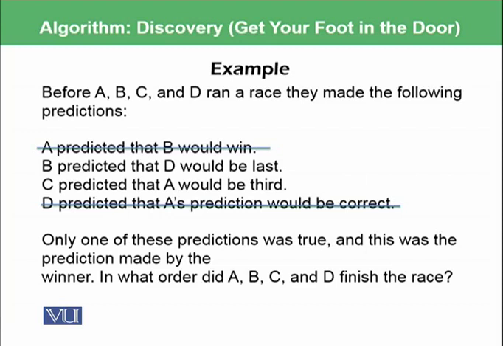Here you can see that A predicted that B would win, and this statement is false because of our first logic. This means that B will not be the winner, and any winner who makes a prediction makes the right one.